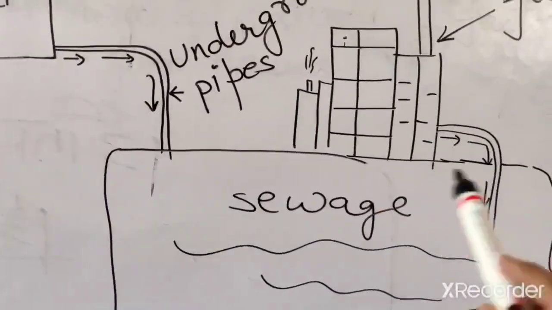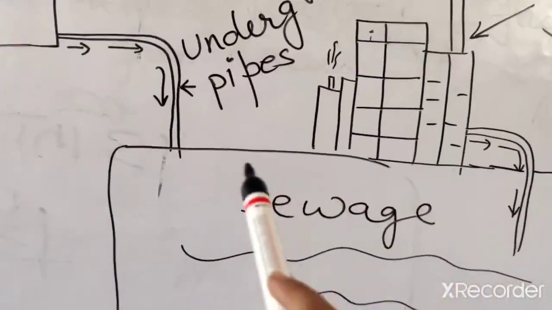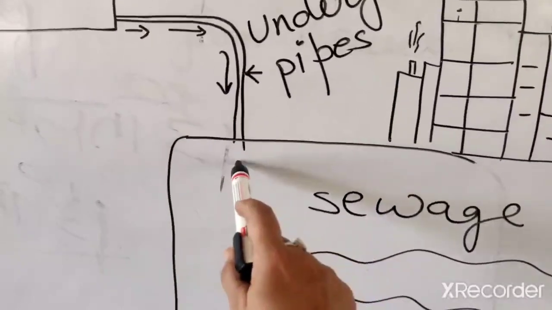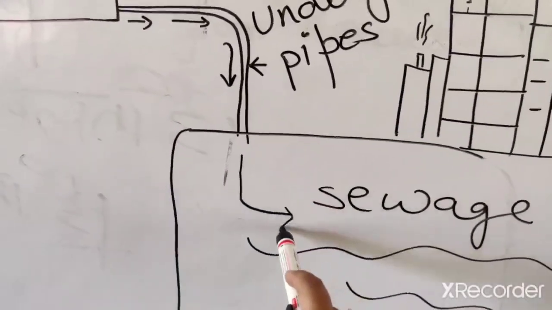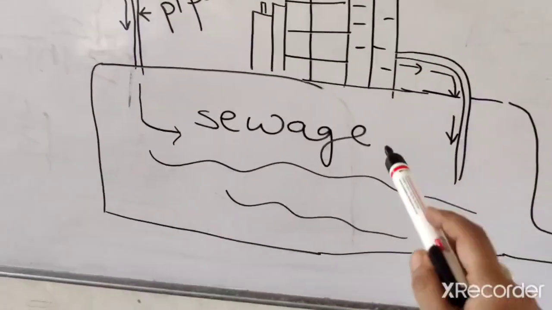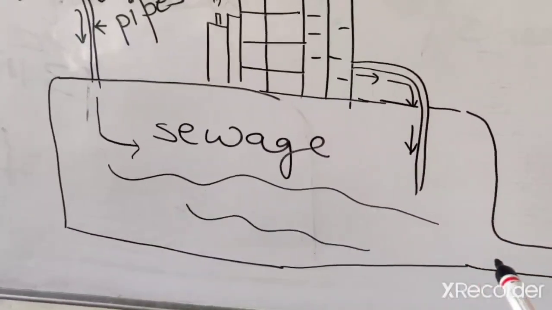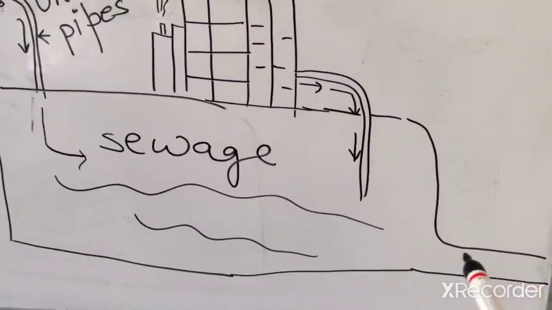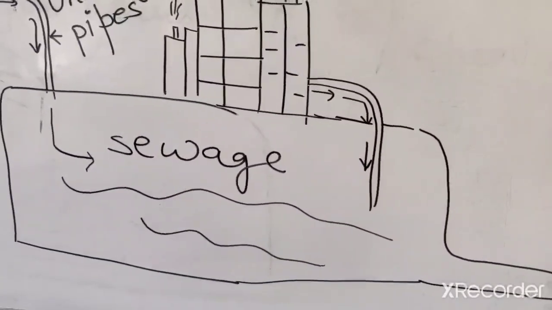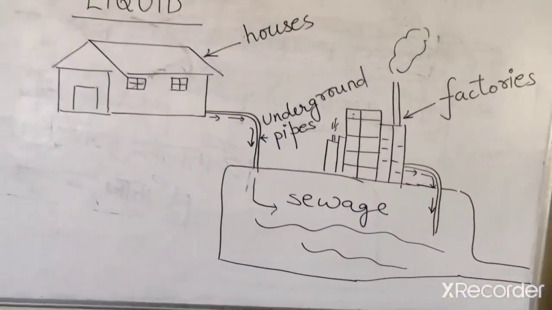See, it is the underlying pipelines, and from the pipelines the waste water goes into the sewage plant or the main sewage pipeline. From this sewage, that waste water or that dirty water moves through a pipeline to the water treatment plant.